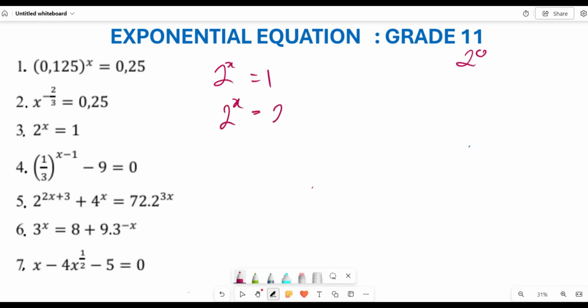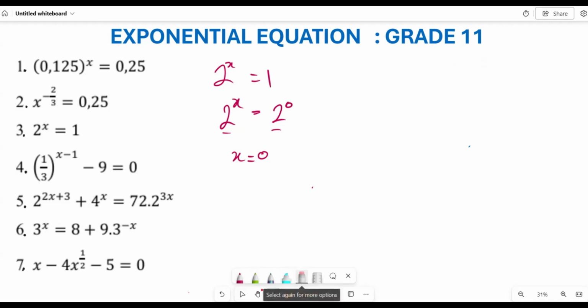So this is 2 to the power of x equals 2 to the power of 0, which is still the same as 1. Now that my bases are the same, I can drop my base and solve: my x is going to be 0. Are we all fine? So that's what we are going to do from here.